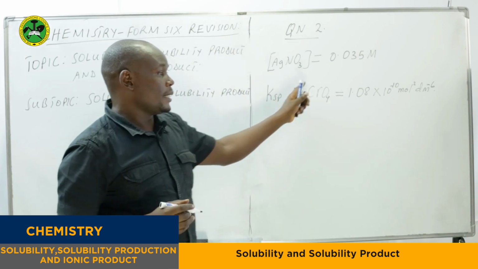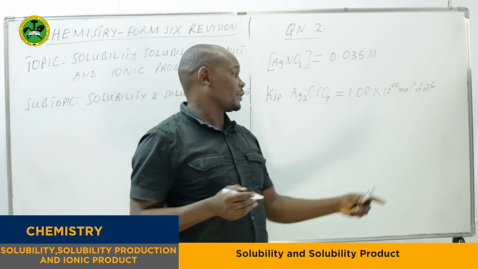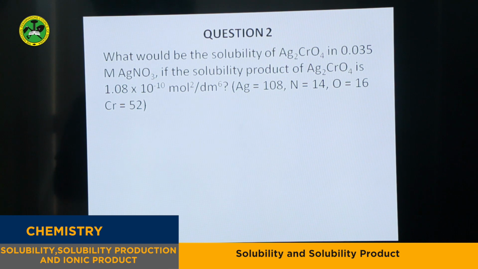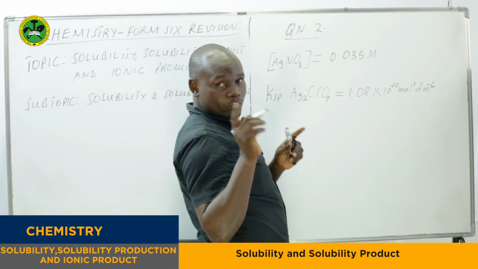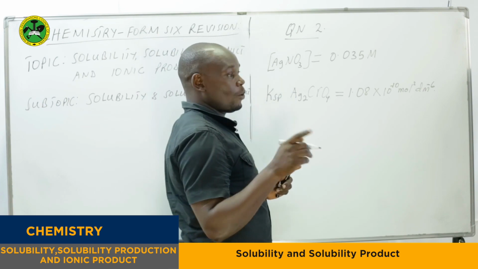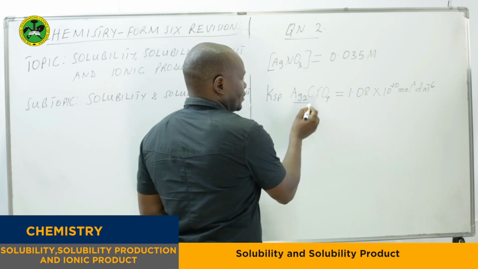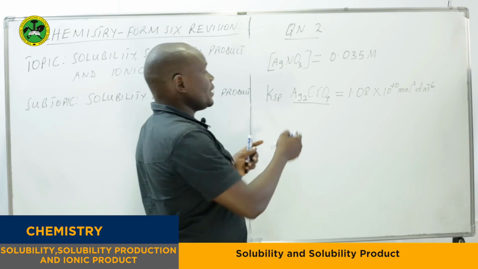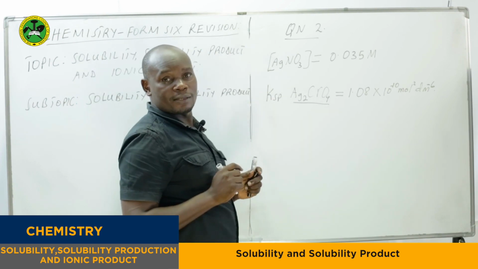So that is the data we have, along with the relative atomic masses of these elements. Now, we are asked what would be the solubility. We are calculating the solubility of silver chromate in what? In silver nitrate.